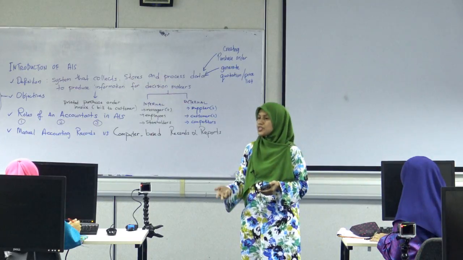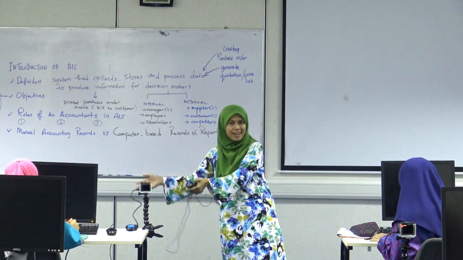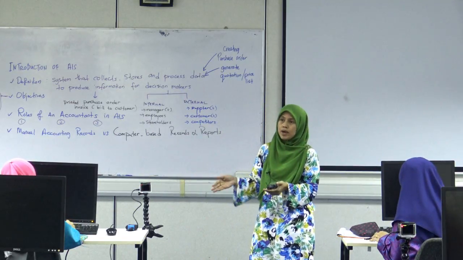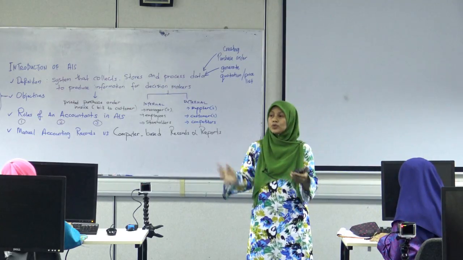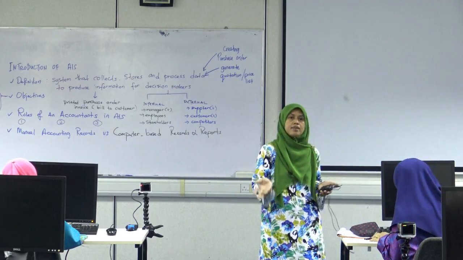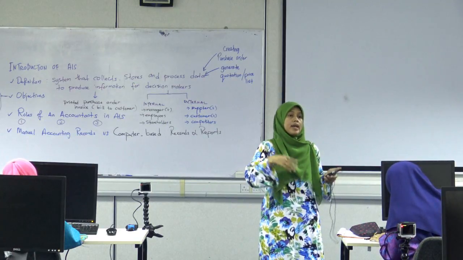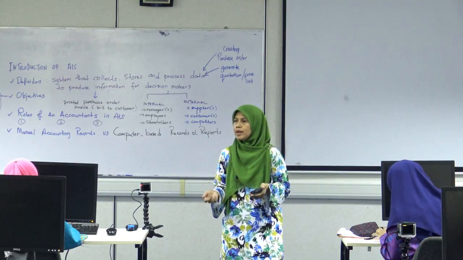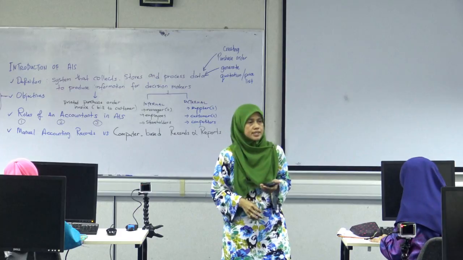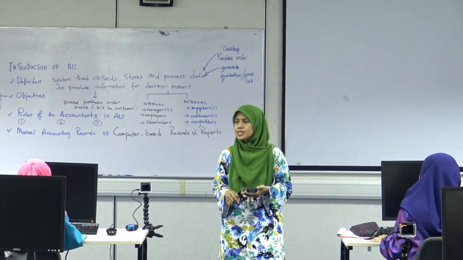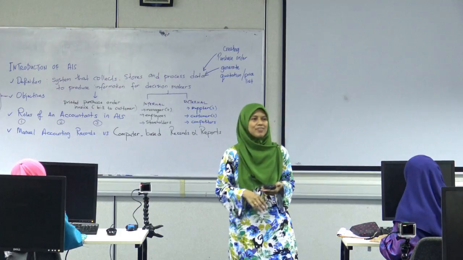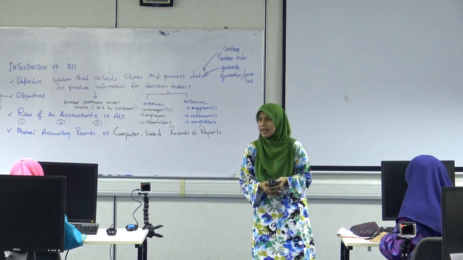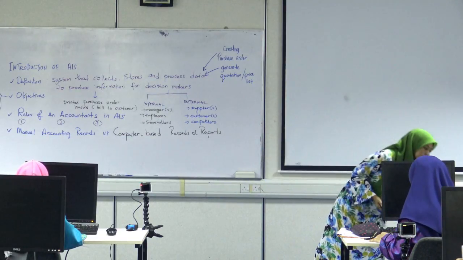To view a purchase order, you need to open one file, right? And if you would like to view another report, you have to go to another file, maybe in a different cupboard or cabinet, which might take more time. But if you are using a computerized system, with just one click, you can have all that information. So that would be the objective of having an accounting information system.